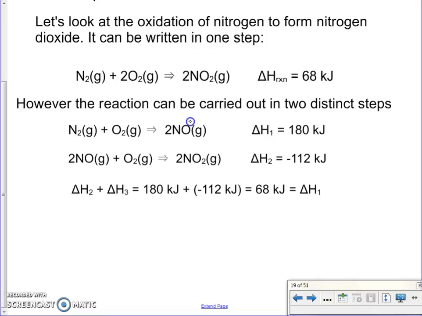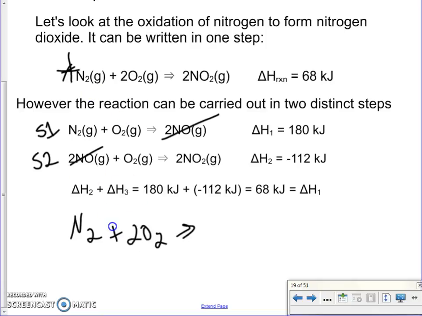If we go through and look at the overall process, so let's say this is step 1 and this is step 2, the reaction does match our overall reaction up here. So notice our 2 nitrogen monoxides would cancel on both sides. We would have 1 nitrogen coming down plus 2 oxygens going to 2 NO2. So it matches our original reaction.